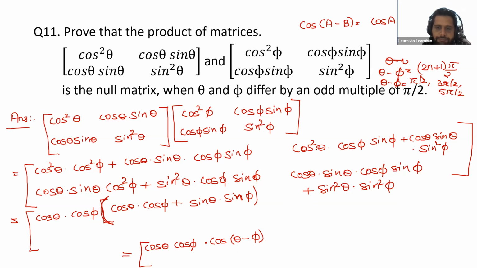For example, you have this one. This is the first element, this is the second element, this is the third element, and this is the fourth element. So please take out the common factor from this one. Similarly, take it out from this and from this. Please share your answer once this is done.